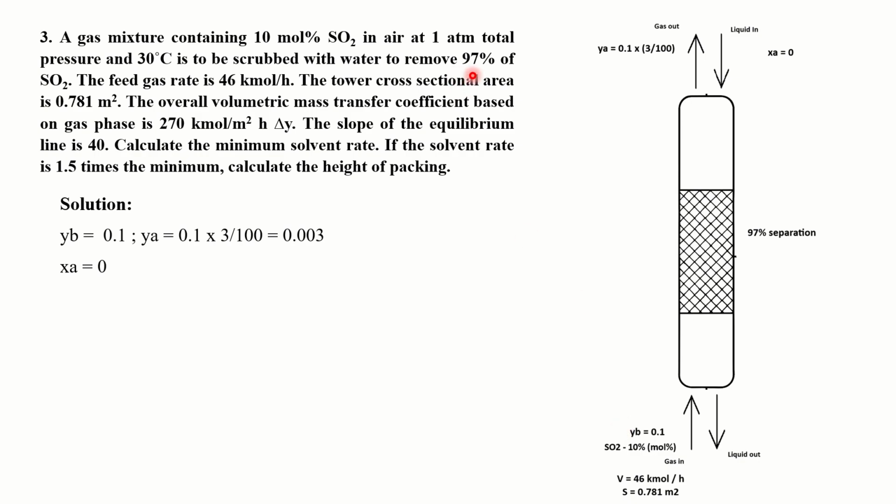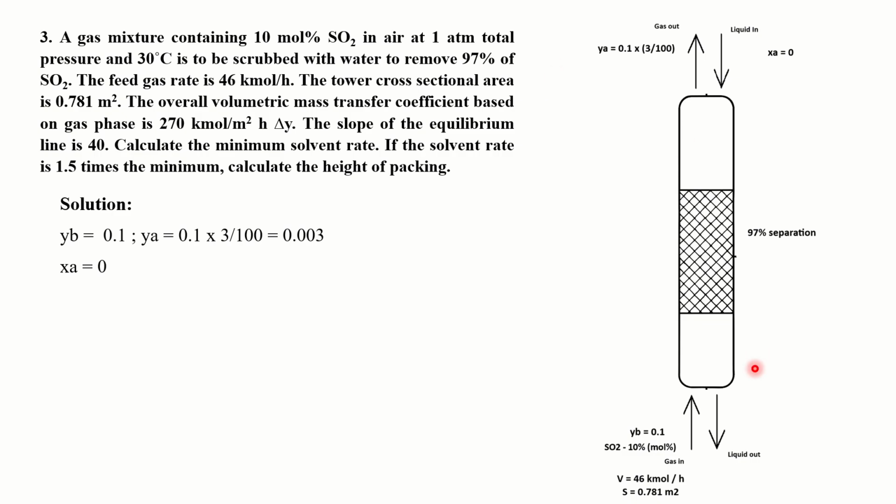And it is given that 97 percentage of sulfur dioxide is separated with the help of water. That means if 100 kilomole of sulfur dioxide enters the absorption column, out of 100 kilomole, 97 kilomole is removed by water, and the remaining 3 kilomole leaves in the exit gas stream. That is the meaning of 97 percentage sulfur dioxide.